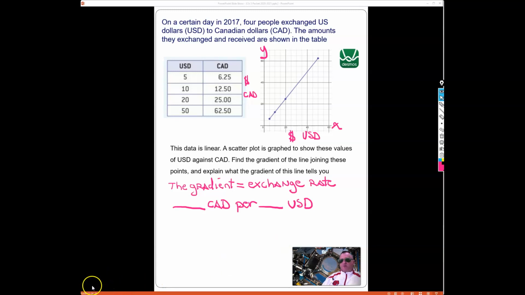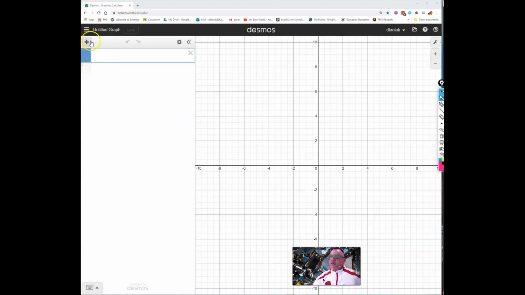So let's go to our Desmos graph, and we're going to type in this table here. To enter a table in Desmos, click on the plus sign in the upper left-hand corner and choose Table. Now what we're going to do is put in our X values and our corresponding Y values.